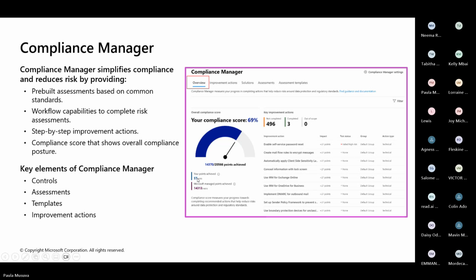Okay, so we are tracking compliance based on some specific policies, some specific best practices and regulations, and we're going to see that. We're getting our compliance score, we're getting improvement actions over here, and in fact, you have, let's say, 496 improvement actions not implemented. 3 you've implemented since you got that, and this guides you in a very step-by-step format, and we're going to be looking at that.